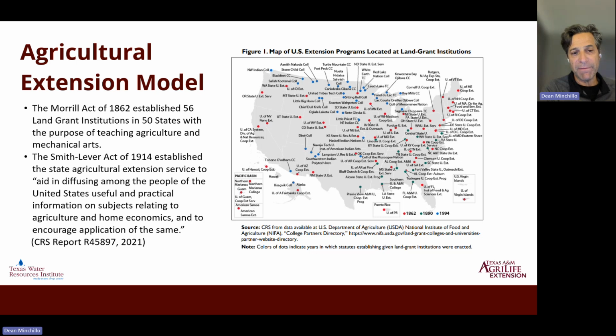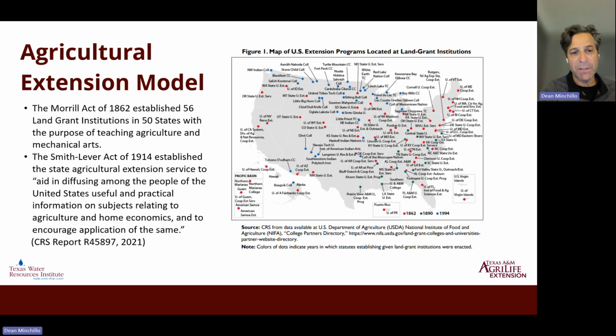But what they found out too is people were going to school to learn, and then they were not coming back to the family farm. So they weren't really diffusing a lot of the information back into the farming community. So in 1914, the Smith-Lever Act was put forth, and this is what really created the extension service.